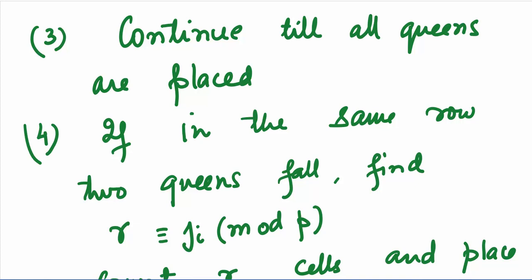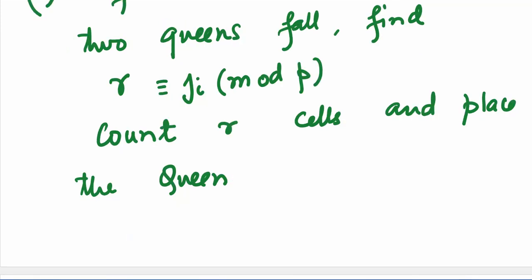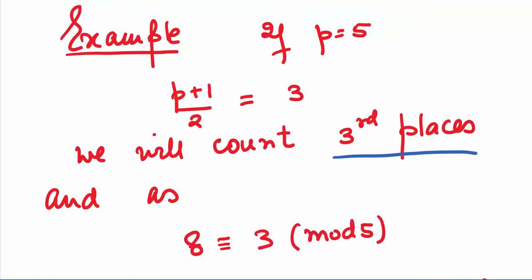Continue till all the queens are placed. Now, if two queens fall in the same row, then we find r which is congruent to ji mod p, and now we count our cells towards the right and place the queen. This will be clear when we take an example.